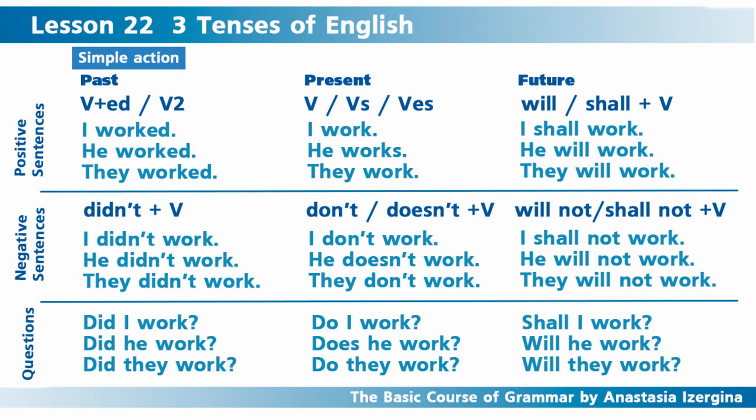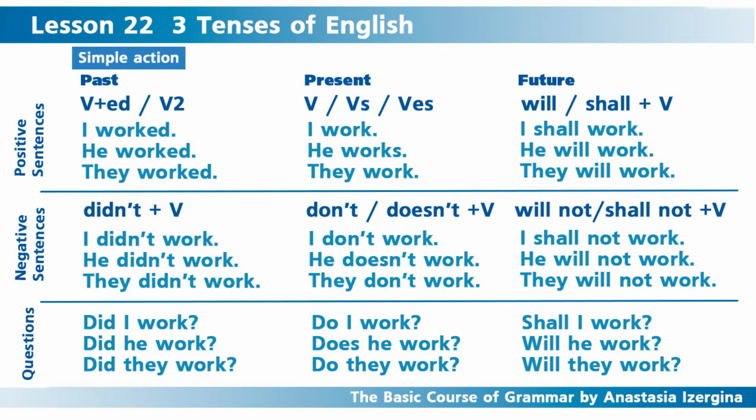For negative sentences, we need to use an auxiliary verb in past, present, and future. So here we are talking about the past. Did not, did as an auxiliary verb plus not as a negative word, plus we have our verb without any endings.